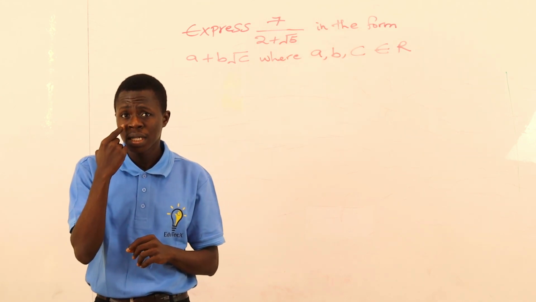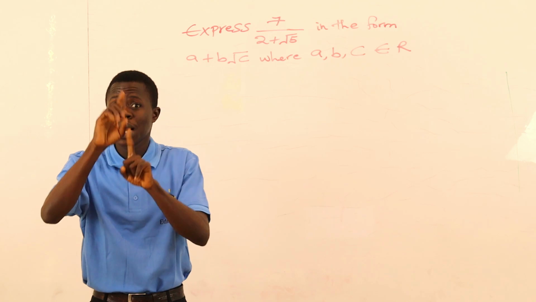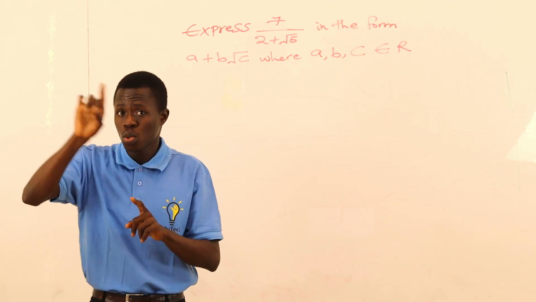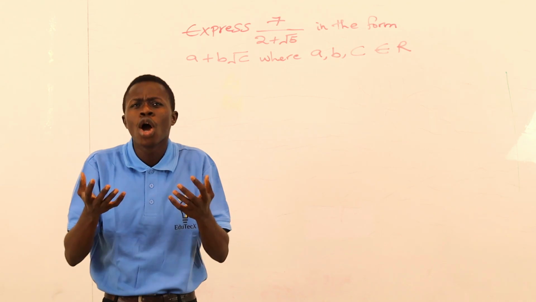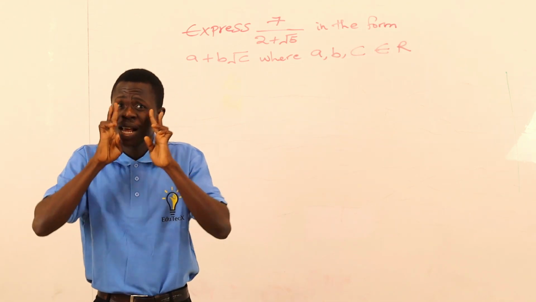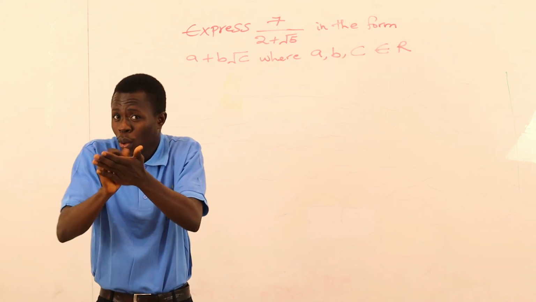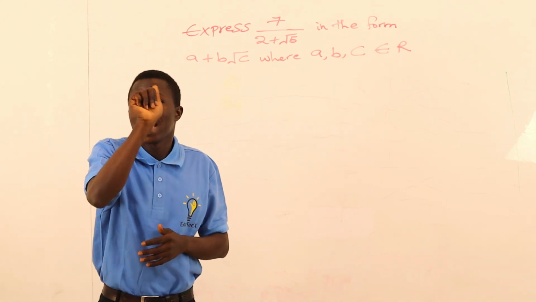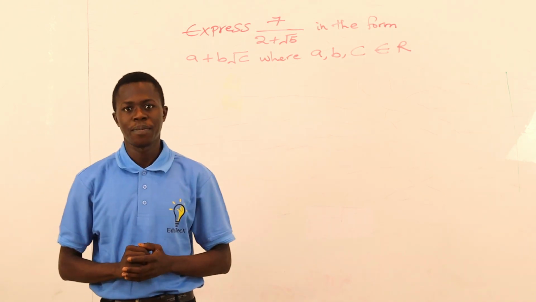The question is telling you to express your answer in the form a plus b square root of c. What does that mean? They want you to express your final answer exactly as you are seeing: a plus b square root of c.